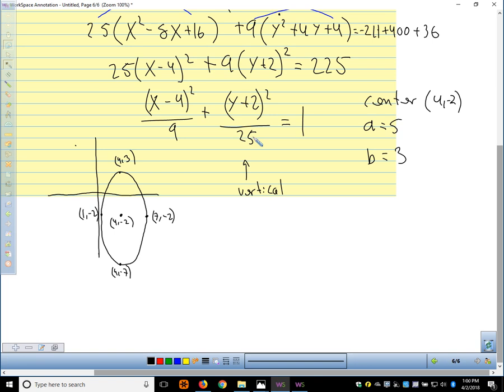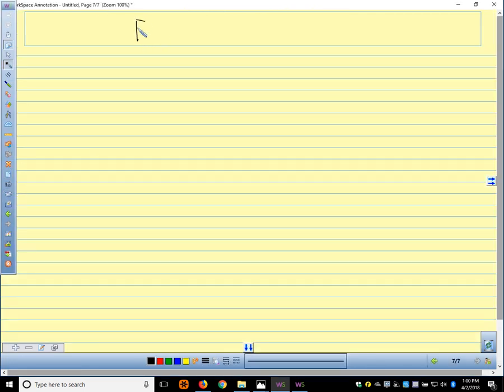All right, the last thing that we need to talk about for today is there's a way to tell how stretched or how close to a circle an ellipse is, and that's called the eccentricity. And we'll talk about eccentricity of other kinds of conic sections as well eventually.